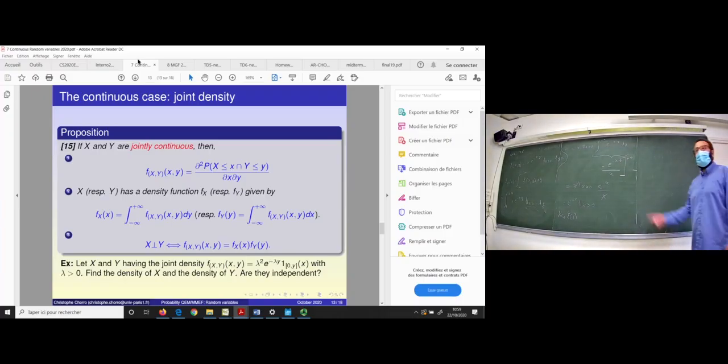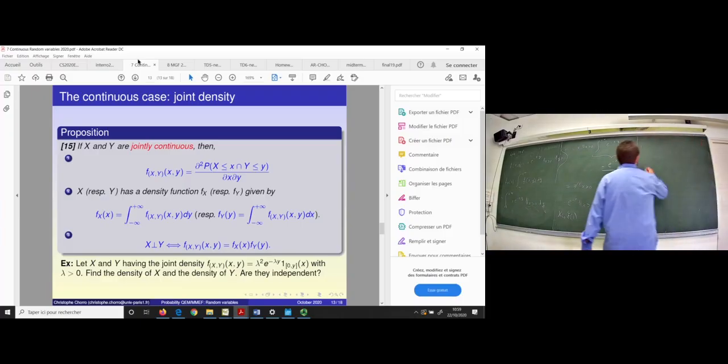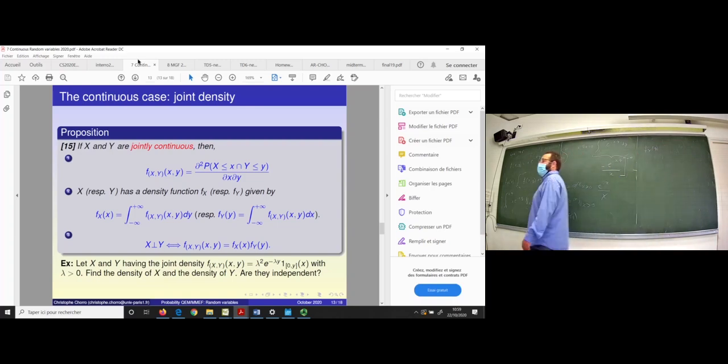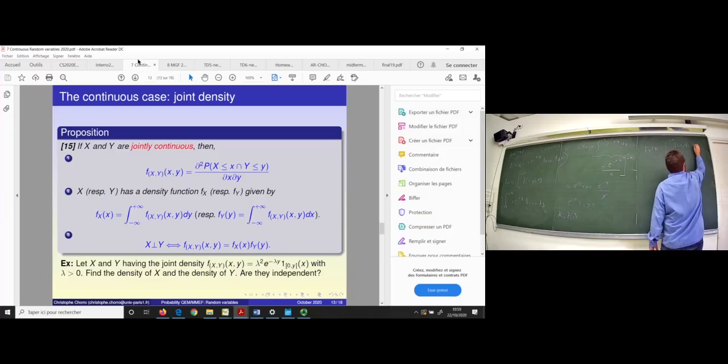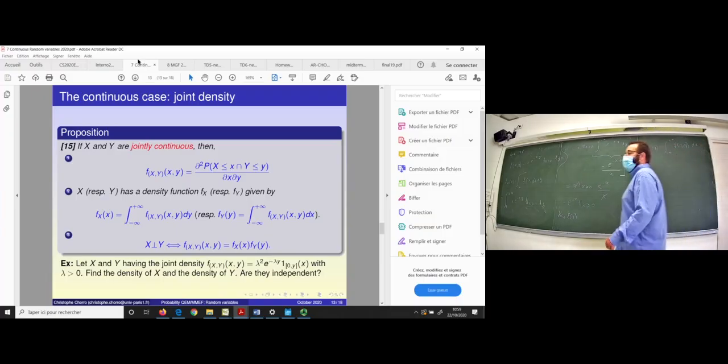For the other, the density of y is given by the integral of the joint density function with respect to x.